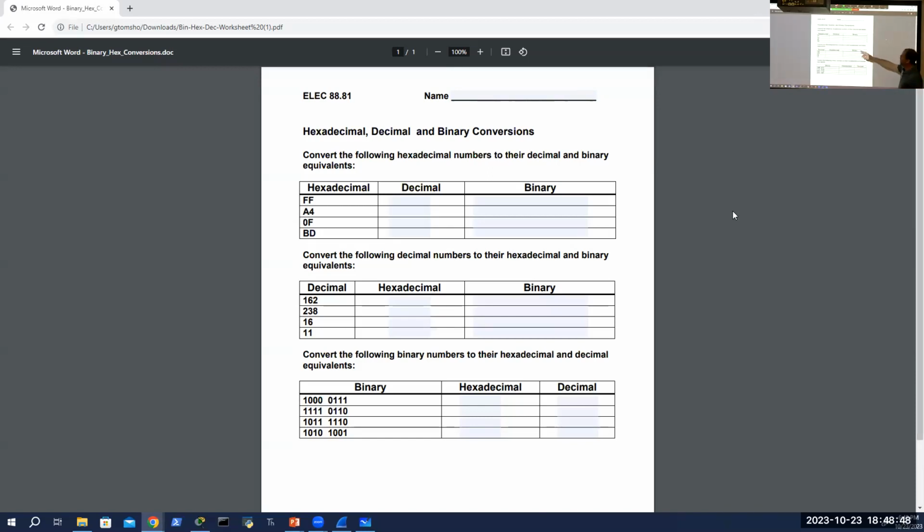So F being 1, 1, 1, 1 and FF being eight 1s, that's going to come up again. When you were studying networking, you probably learned about broadcast addresses. What's the broadcast address? All binary 1s, or all hexadecimal F, or all 255s if it's an IP address.